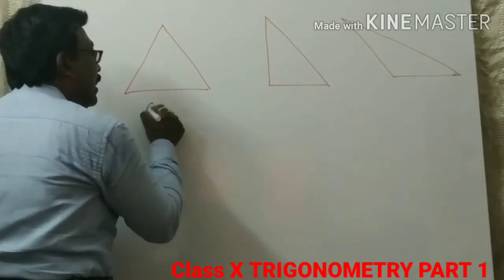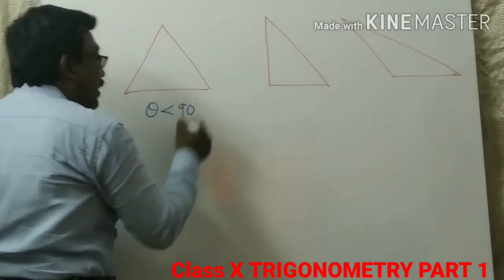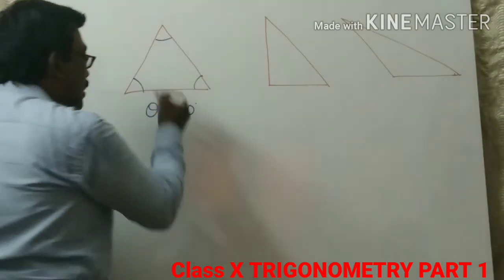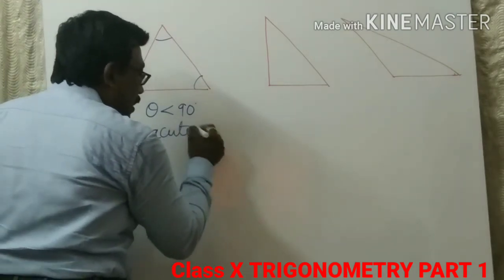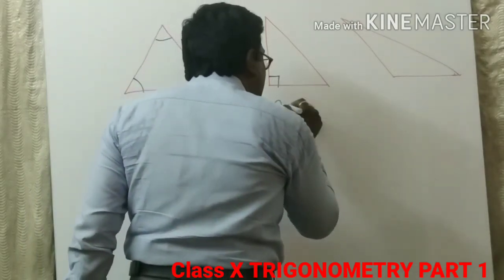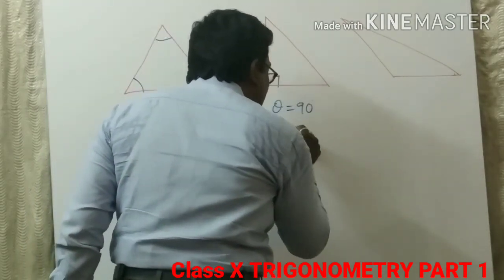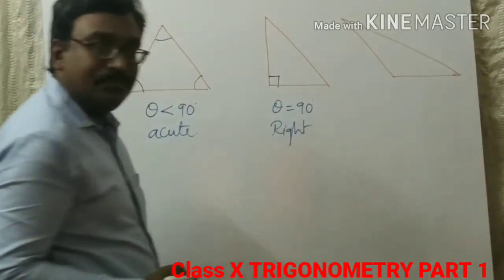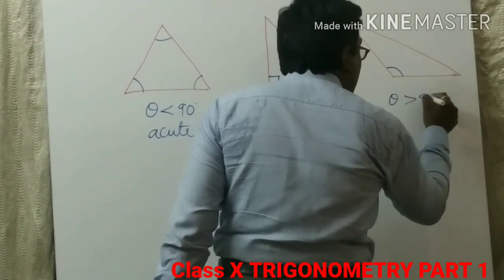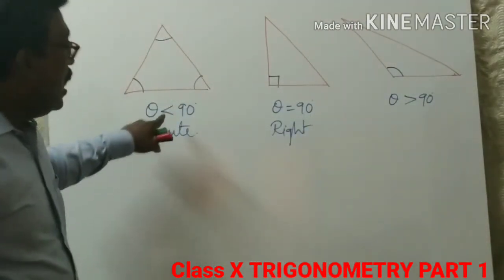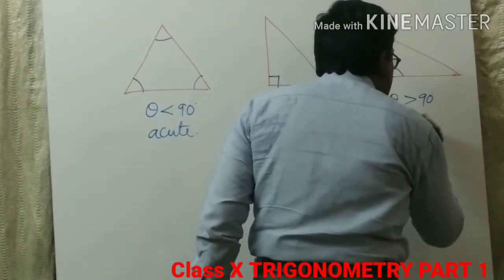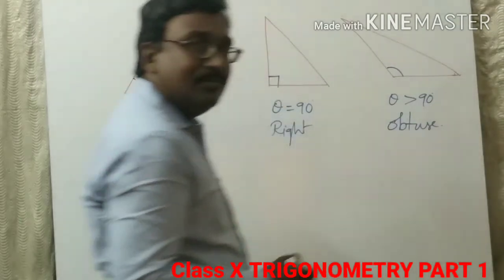If all the angles are less than 90 degrees, then its name is acute angle triangle. If one angle is 90 degrees, the name is right angle triangle. If one angle is more than 90 degrees, the name is obtuse angle triangle.